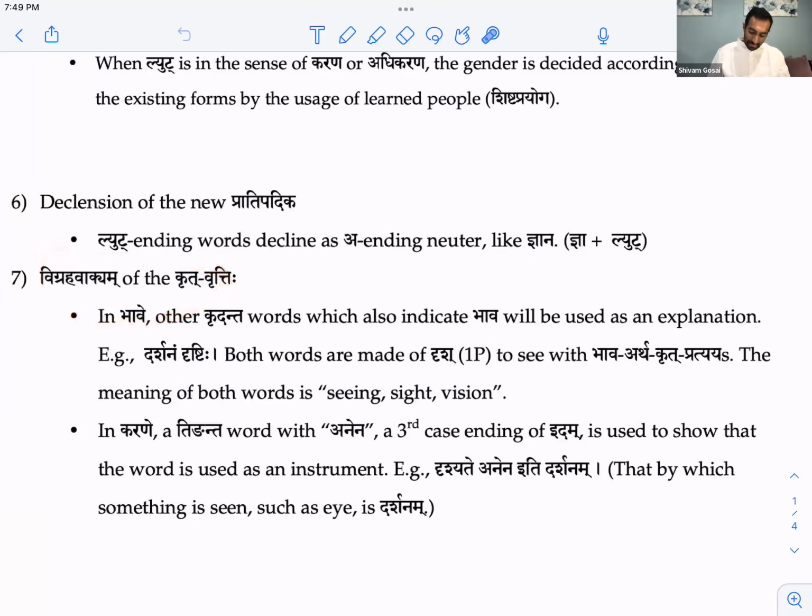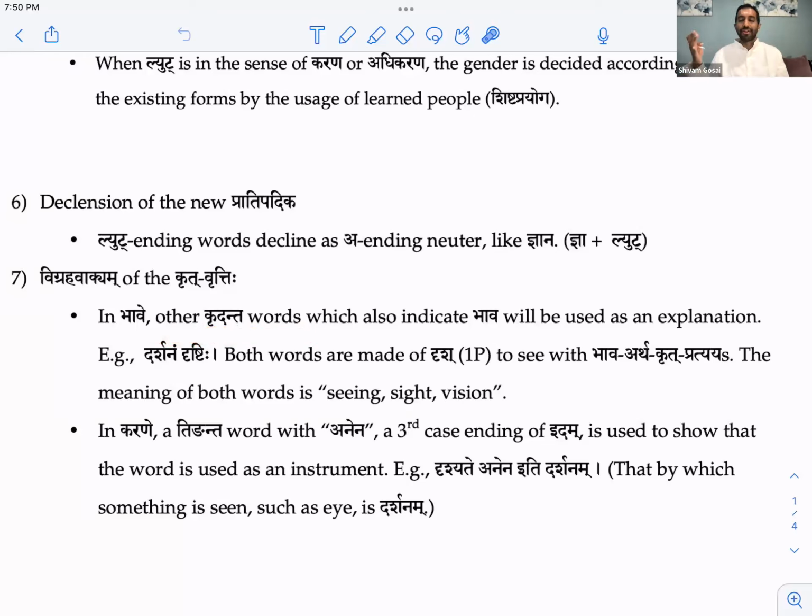Vigrahavakya, we're going to skip for now, but actually, let's not skip it, though we're not going to go too deep in detail because you need to know more information to get the vigrahavakyas straight. So look at this: in bhave, you can use other krdanta words in the vigrahavakya.